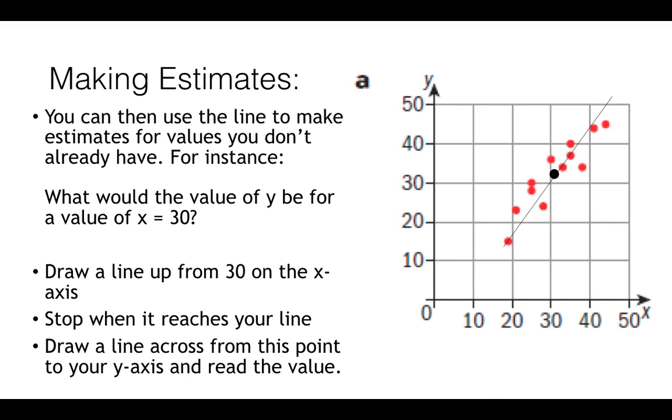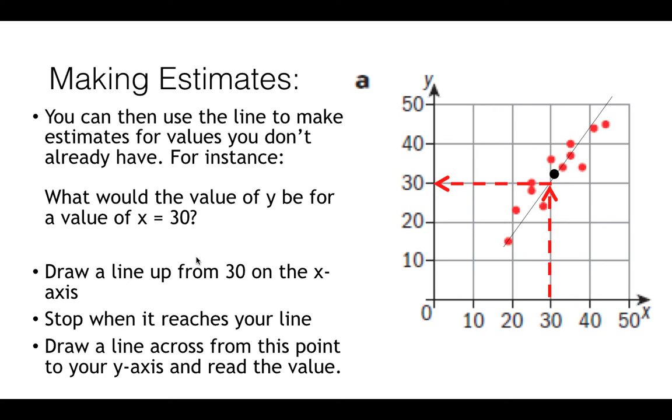You can then use your line to make estimates for any values that you don't already have. So here I've got a question: what would the value of y be for a value of x equals 30? So along the bottom I'd find x equals 30 here, and I draw a line up until it reaches my line of best fit. I'd then draw a line across from my line of best fit and see where it hits the y-axis.